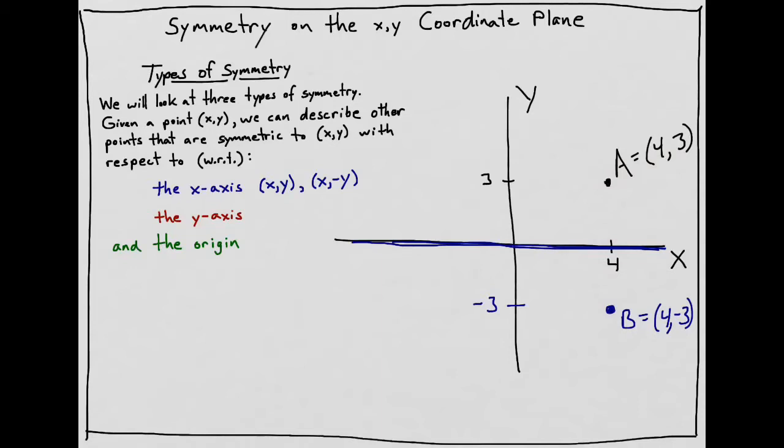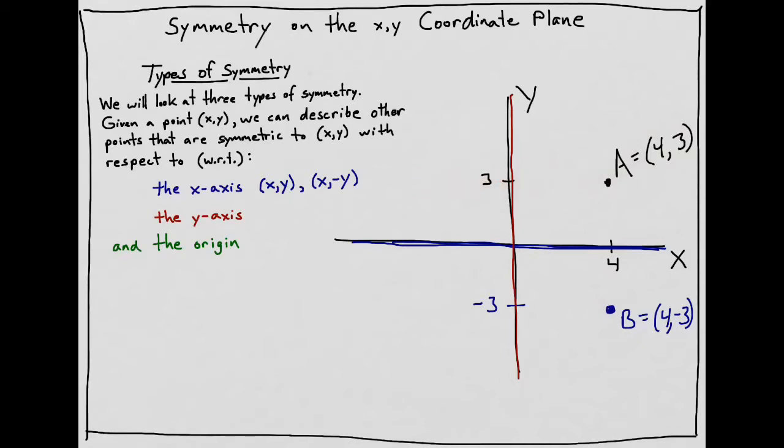So in a similar way, we can talk about symmetry with respect to the y-axis. Given a point x, y, or more specifically, given a point 4, 3, the symmetric point is going to be exactly across the y-axis from that point.